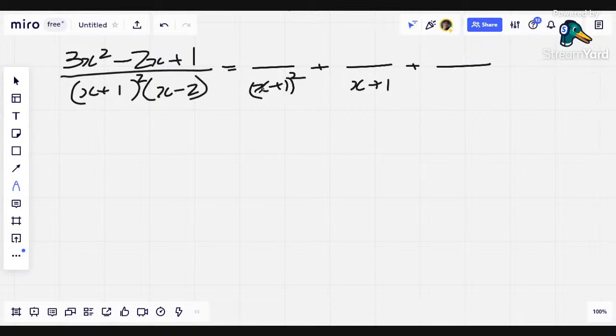If that was x plus 1 cubed, then we'd have x plus 1 cubed, x plus 1 squared, x plus 1. And then over here, we have x minus 2. Because each factor is linear, these are just going to be constants up here, A, B, and C.